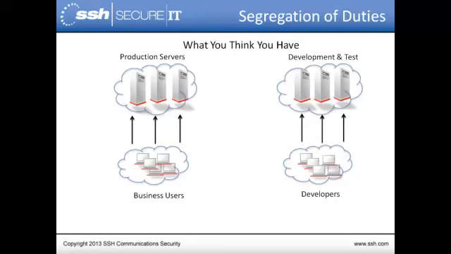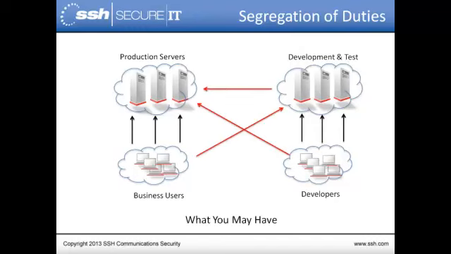And a common issue that we've been seeing in a lot of environments that we run into is an issue of segregation of duties. In particular, business users have access to production servers, developers have access to development and test, and the intention is that there shouldn't be any cross-authorizations. Developers are only allowed to access their authorized servers.